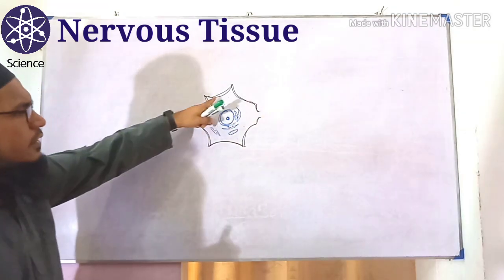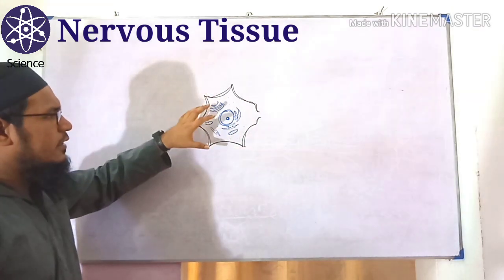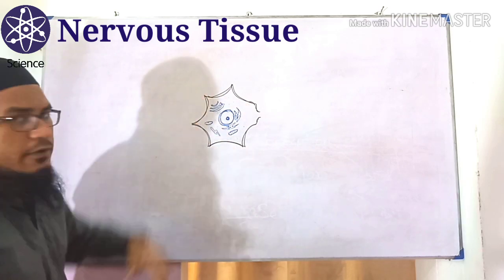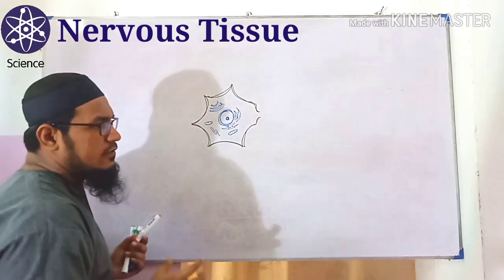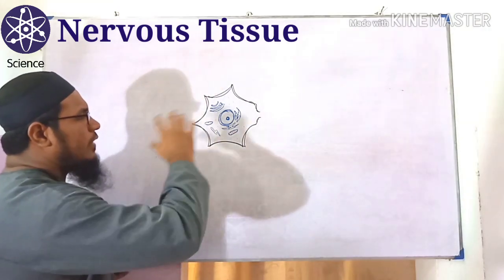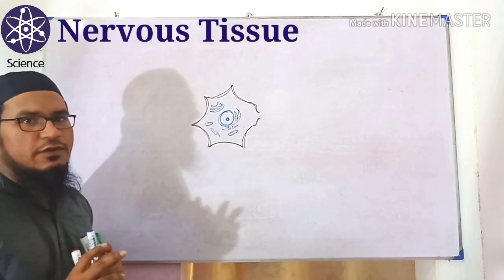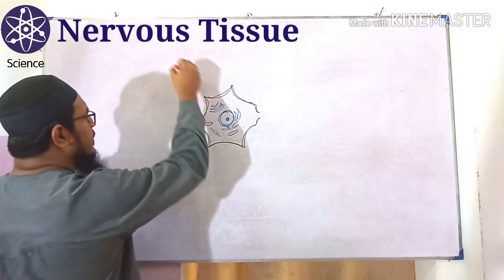So these are the things present inside the cell body. The cell body is in the center of this area. The next part is the fibers, the nerve fibers. There are 2 types of nerve fiber. The first one is called dendrites.